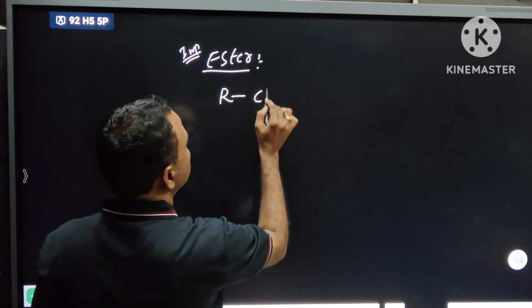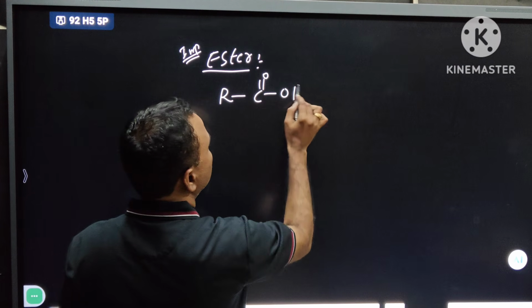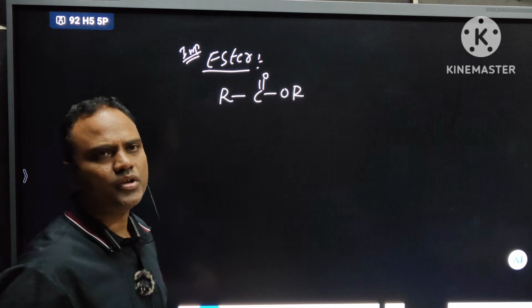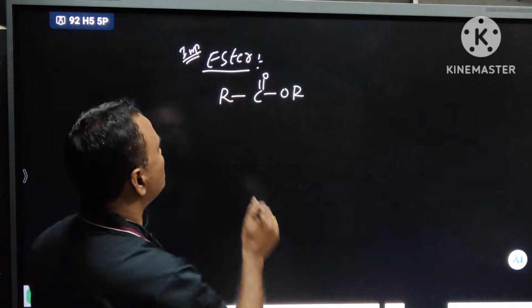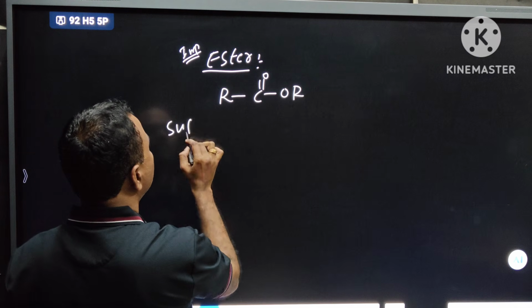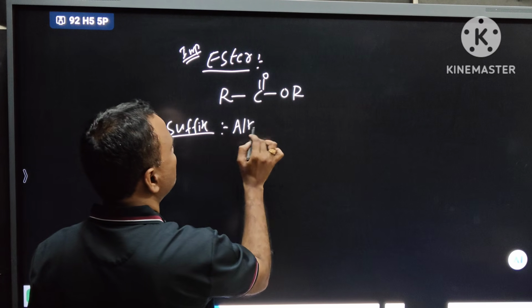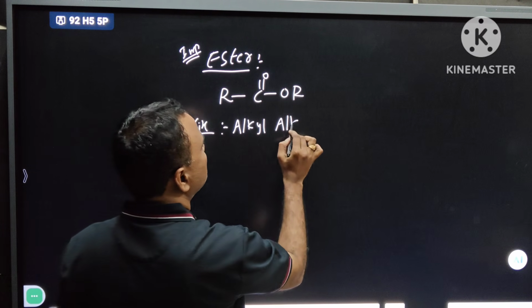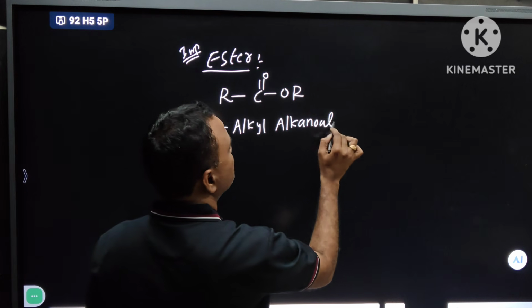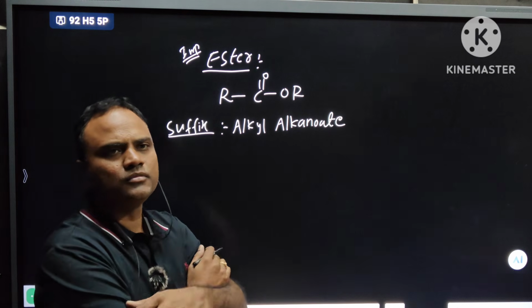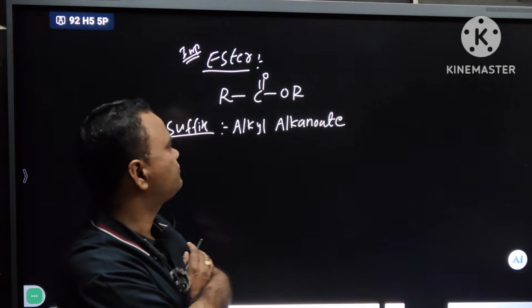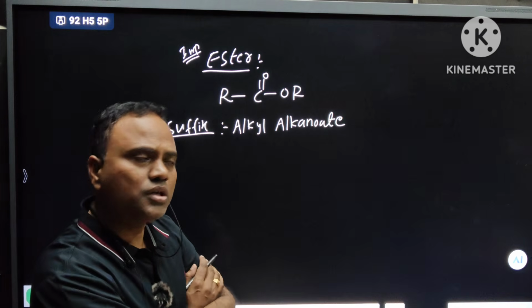Esters are R C double bond O R. Now, what is the suffix? What I taught? Alkyl alkanoate. Okay, what is alkyl, what is alkanoate?